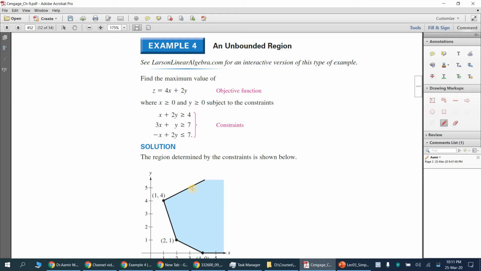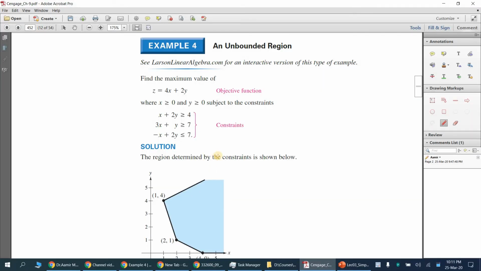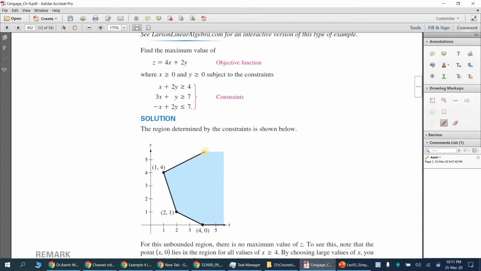And here when you draw this region, so why is it not opening? It's a big software, it's taking time. Okay. When you draw this region, it is this over here, a blue shaded region, and it's unbounded, you can see already.